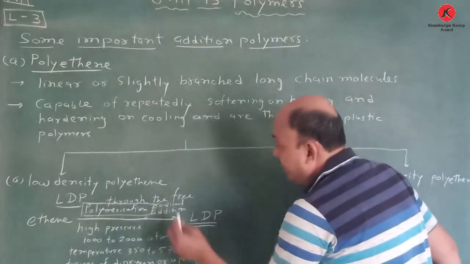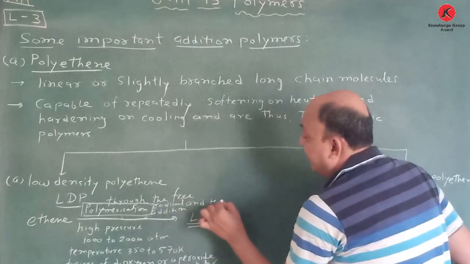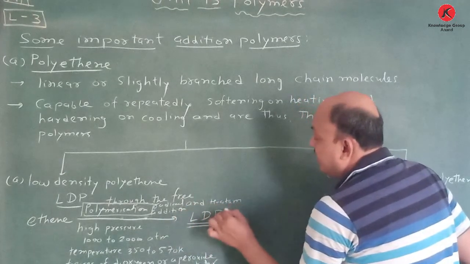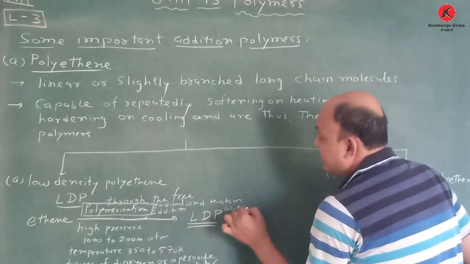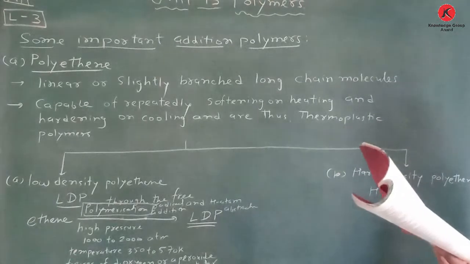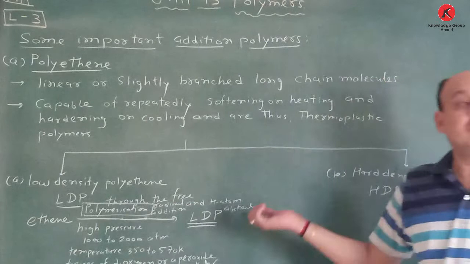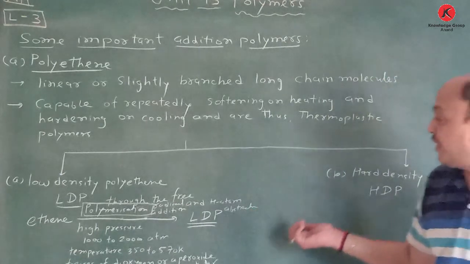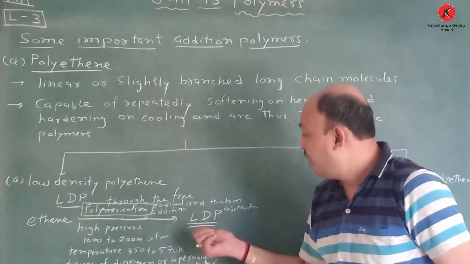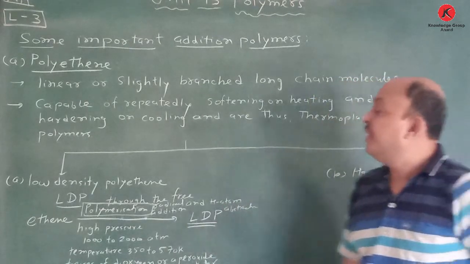And H atom abstraction. That means what? H atom abstraction. Hydrogen atom is abstracted from the polythene, whatever polymer is produced, low density polythene. Once again, it's very easy.